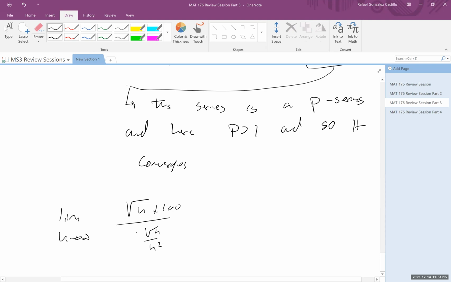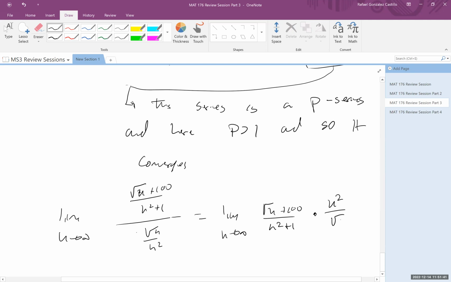This equals the limit of square root of n plus 100 over n squared plus 1 times n squared over radical n.